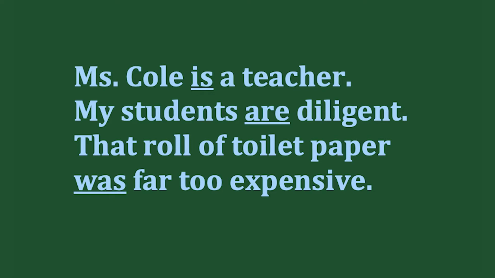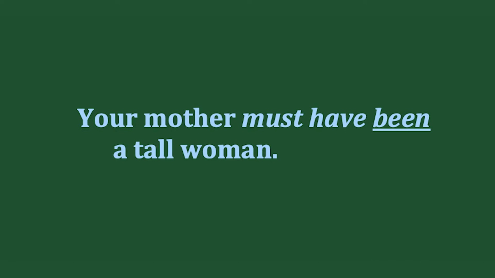The sentence, that roll of toilet paper was far too expensive, is a little trickier because the subject is actually roll, not toilet paper, because of the prepositional phrase. We'll get to prepositions and prepositional phrases in another video. At any rate, the word expensive is a predicate adjective that describes roll. In the sentence, your mother must have been a tall woman, the subject is mother, and the predicate nominative woman refers to the subject.